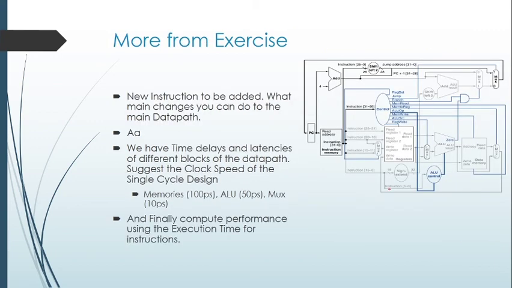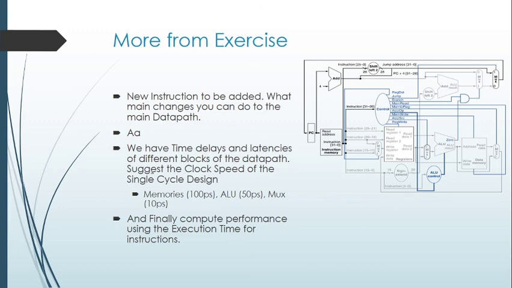Similarly, when we have a few instructions in the data path, we may want to include a new instruction that is different from the subset we have done, and we need to add it to the existing data path. What changes do we need to make? This can be a challenging question at times, but you can add as many instructions to the original data path just by changing some small details.